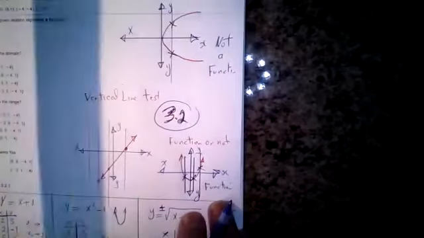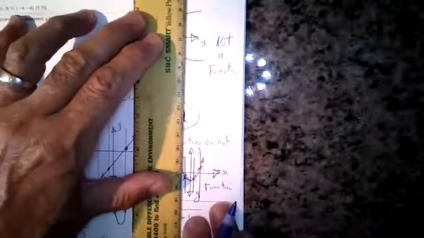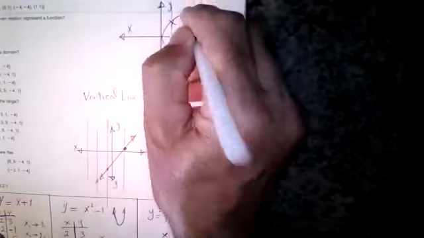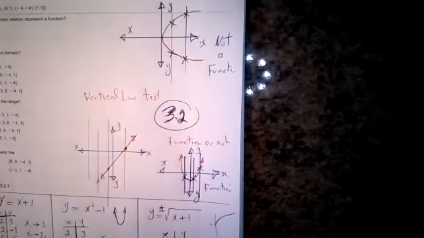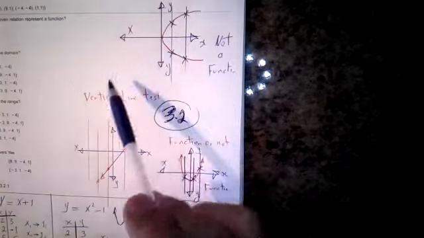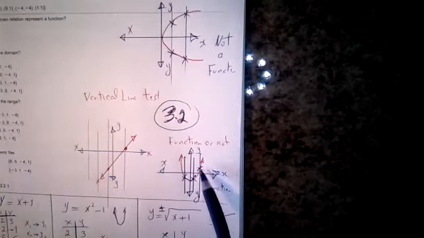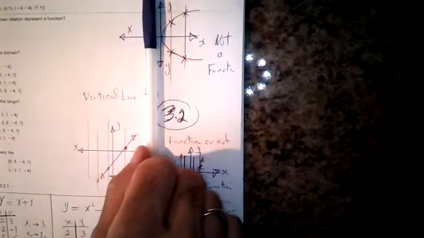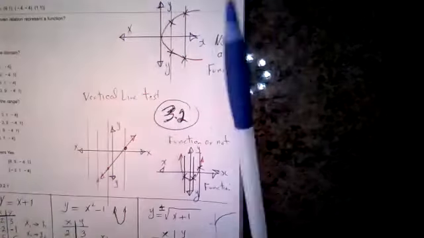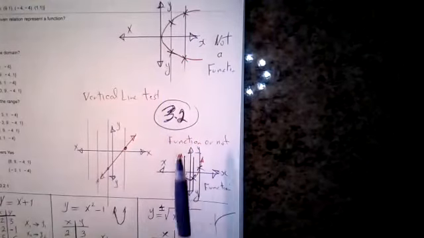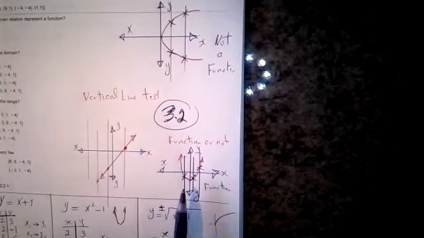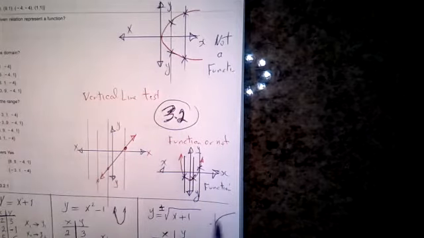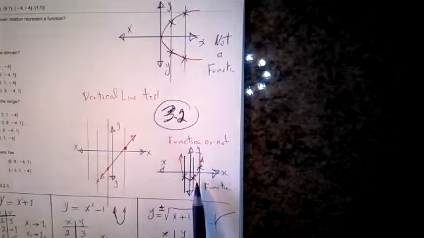When you move that line from left to right, it intersects at 2 points. So it's not a function. So this is how to determine by graphing. If you bring the vertical line from left to right and it hits the graph at 2 points, it's not a function. In the case of a straight line or the parabola, when you move it to the right, if you hit the graph at only 1 point, then it is a function.